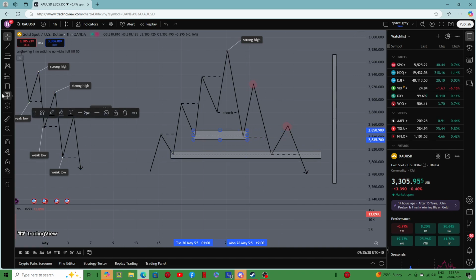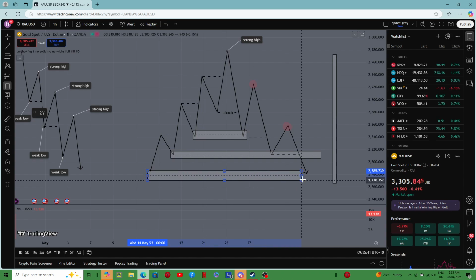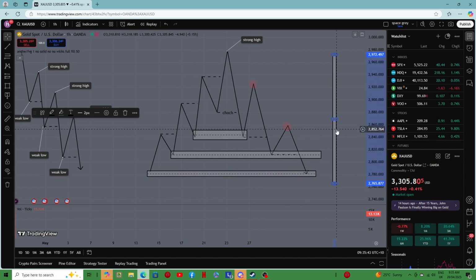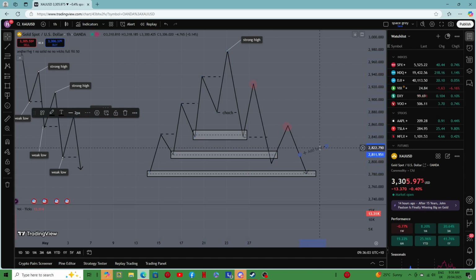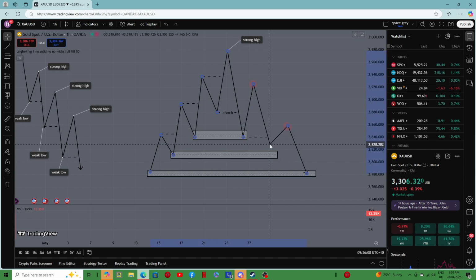Now, let's say we're looking at this. Where do you think out of these three the more relevant one is going to be? Which one is likely? Because this might come through and go like that for all we know, and then you've missed it, or it might do that, then you've missed it.